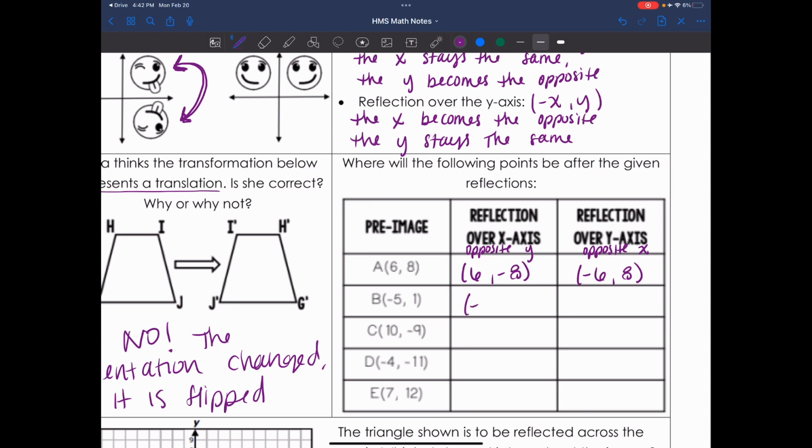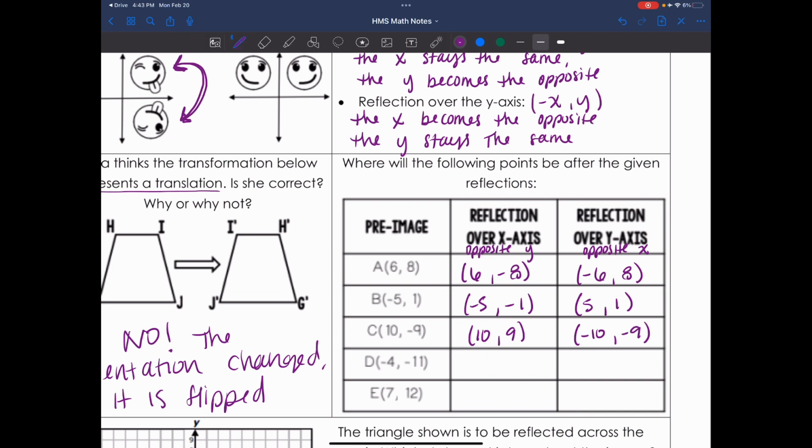So instead of negative 5, 1, it's now negative 5, negative 1. Reflect over the y-axis, meaning opposite of the x. Instead of negative 5, 1, it's going to be 5, 1. And then we can do that for all of them. If I reflect over the x, I'm finding the opposite of the y. So instead of 10, negative 9, it's 10, 9. Over the y, it's negative 10, negative 9.